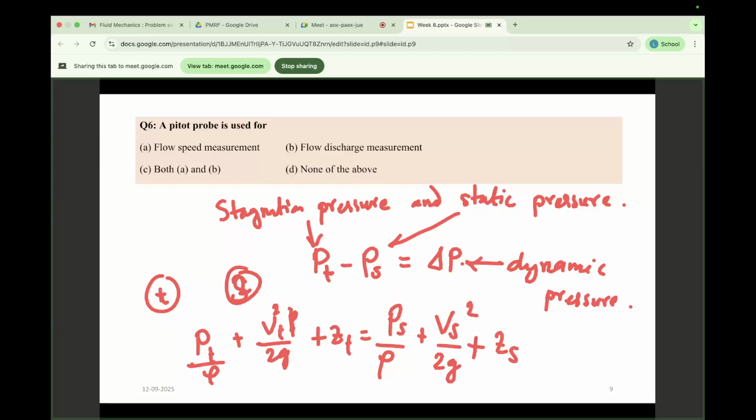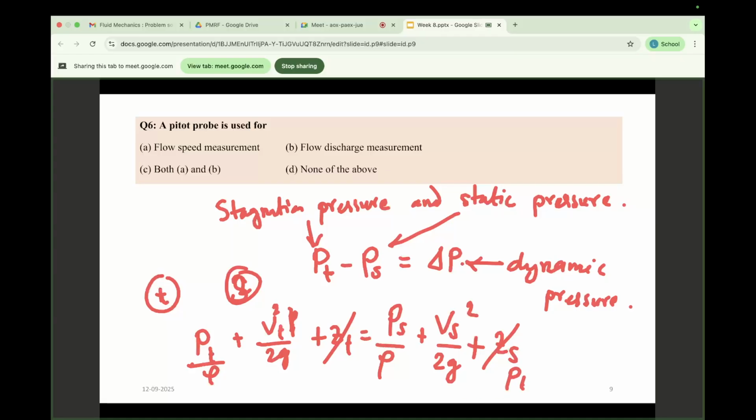Say we consider that both these positions are at the same level, so I can cancel out the Z terms, right?